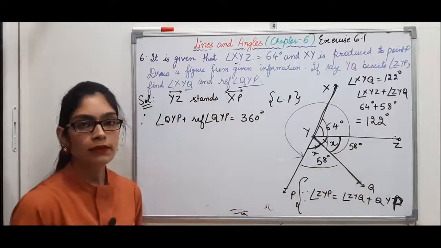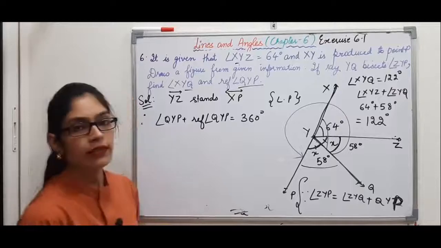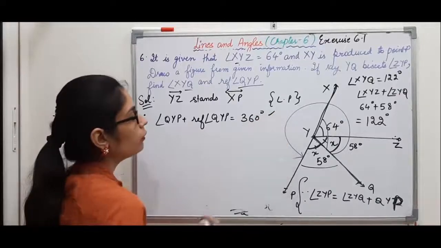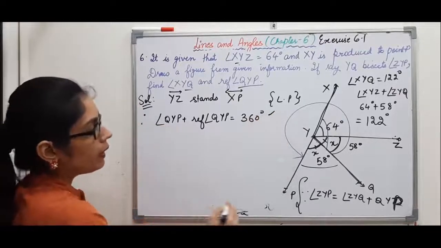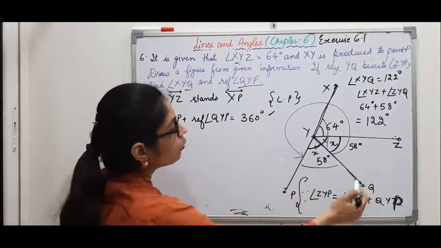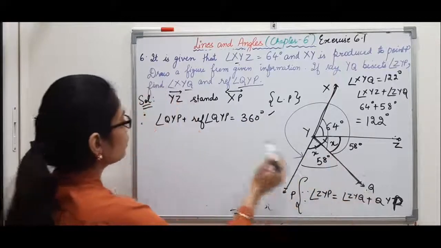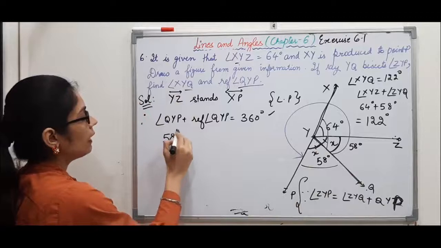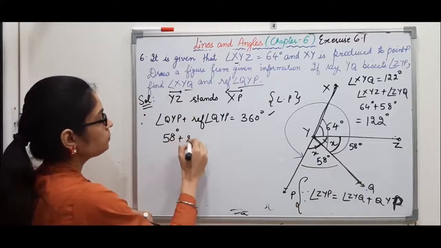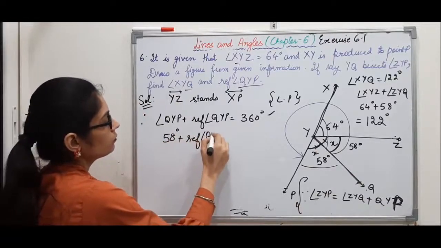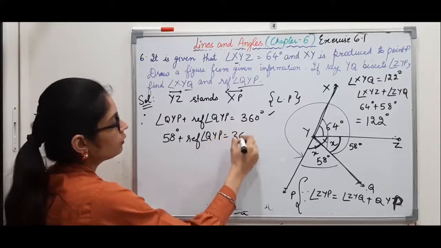Full circle means complete angle, full rotation, whose value is equal to 360 degrees. QYP is equal to 58 degrees and reflex we have to find, equals 360 degrees.